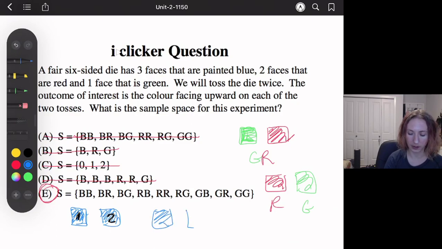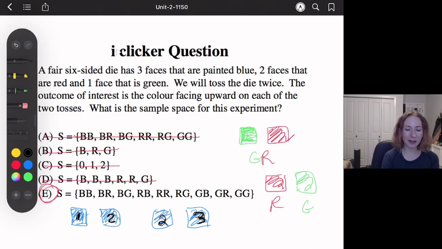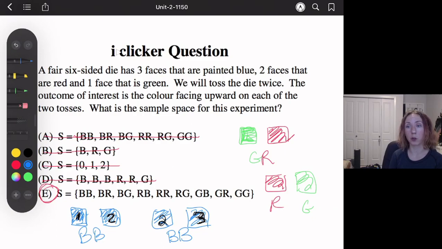So another one that I might get is I might roll the 1 and get the face that had a 2 and get the face that had a 3. But when I go to narrate the experiment, the only thing that I am saying out loud, because we're keeping track of the color, is I rolled a blue and I rolled a blue. You heard me say the same thing.